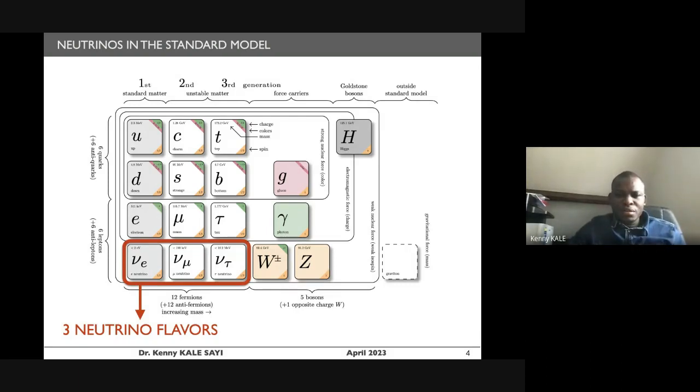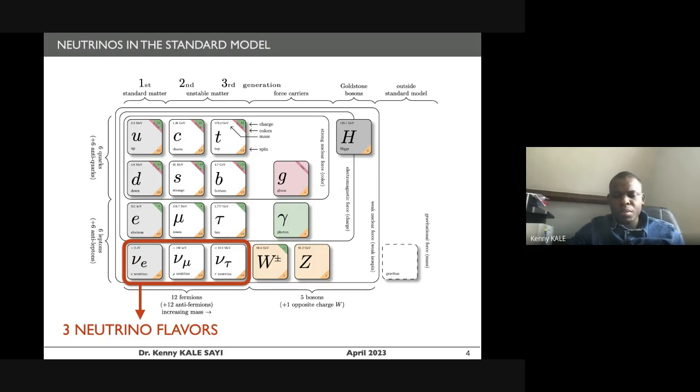In particle physics, we can divide the particles into two subsets. The first is what we call the bosons, and the second is what we call the fermions, depending on the spin. I don't know if you have heard about spin.